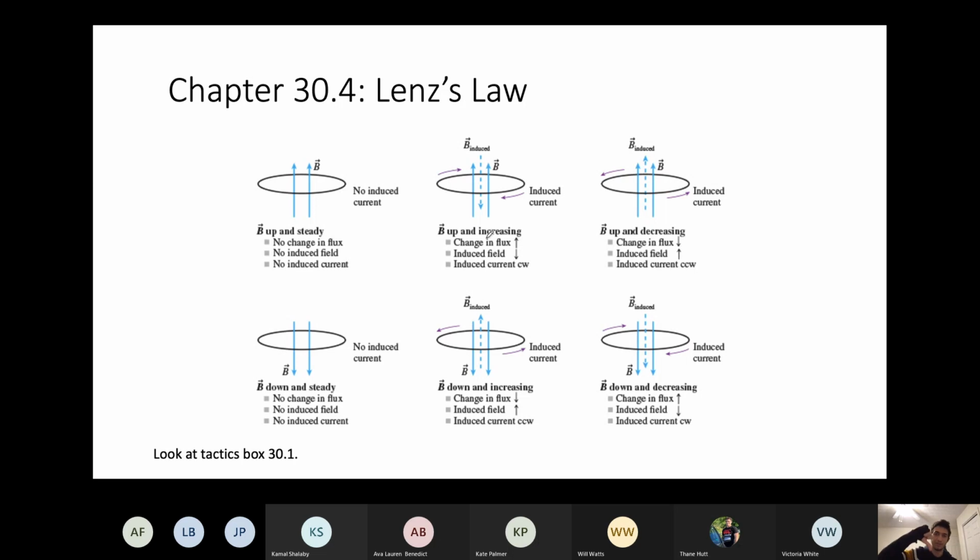And to have that magnetic field in the first place, you need current. So as you change the magnetic field, a current gets induced, and that induced current produces a magnetic field in the opposite direction, and that's why you feel a force.